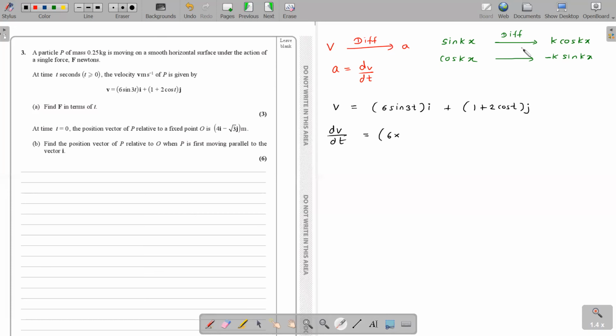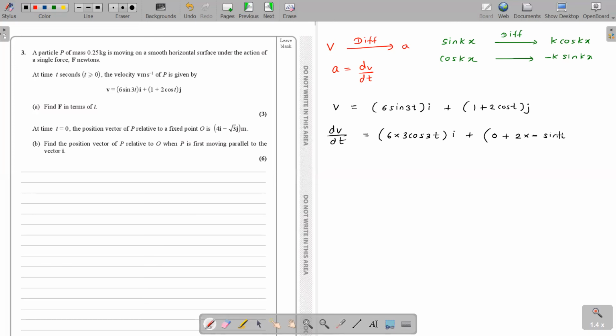The 3 comes forward, right? 3 times cos 3t, i. And then when you differentiate 1 plus 2 cos t, differentiation of 1 is 0. 2 times cos t differentiates to minus sine, so minus 2 times sine t.